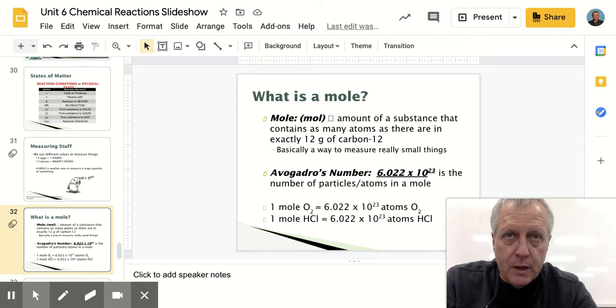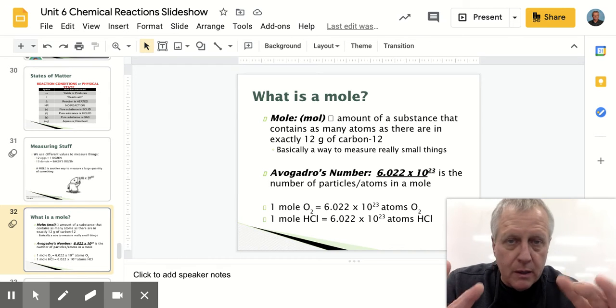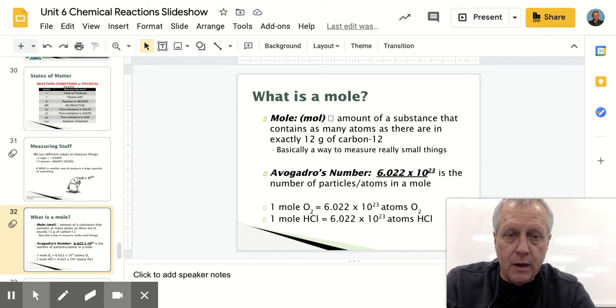If you had Avogadro's number of carbon atoms, 6.02 times 10 to the 23 of those tiny atoms of carbon, you would have 12 grams.